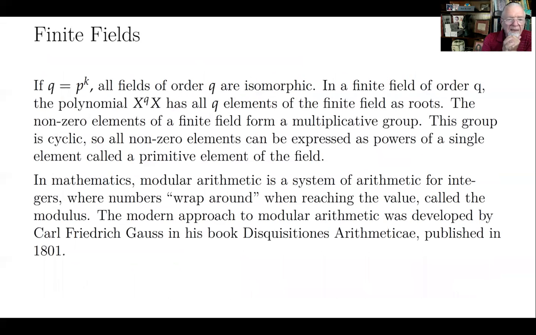So if Q equals P to the K, all fields of order Q are isomorphic. However you do the computations, they can all be mapped one-to-one and onto between those. In a finite field of order q, the polynomial x to the q minus x equals 0 has roots.